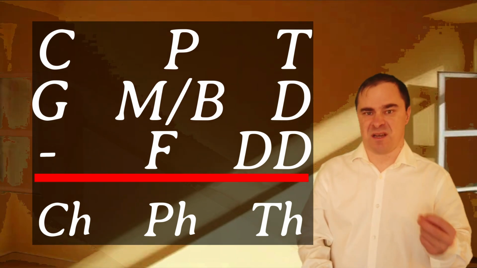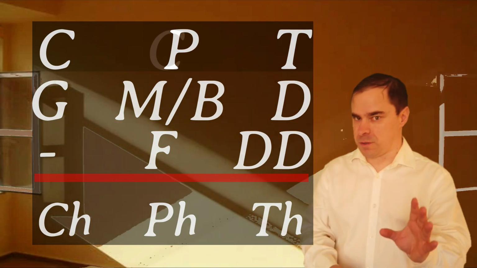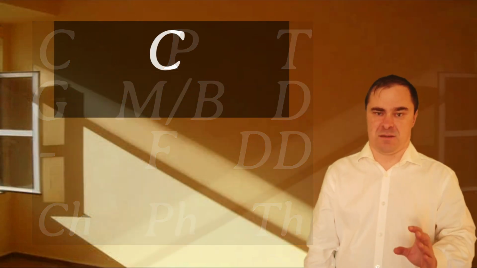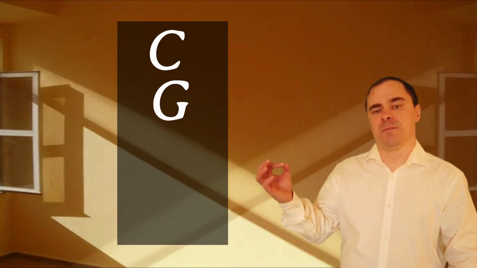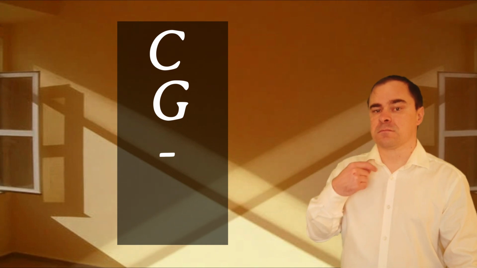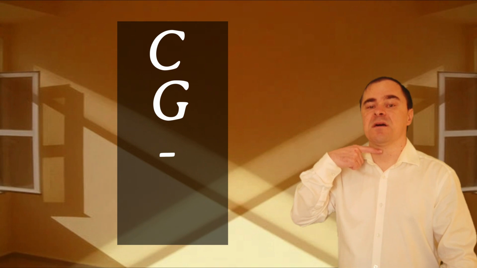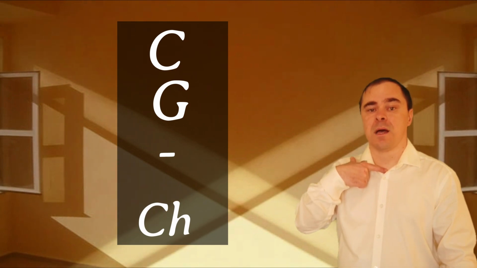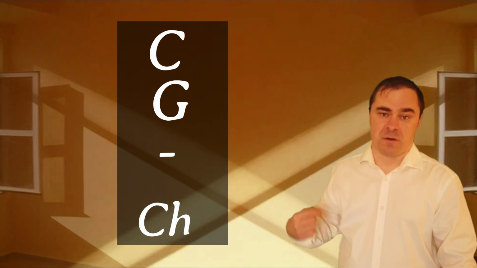So, let's begin with K, the letter C. Always hard. Always. K. So K becomes G. And K becomes H. G. H. And from G, it can drop off entirely.